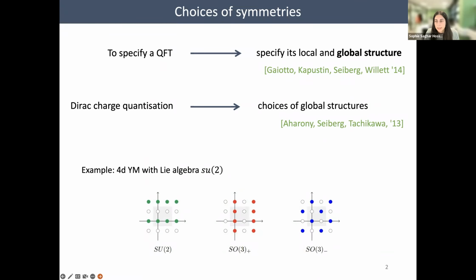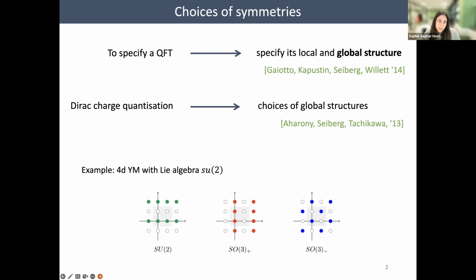And actually, there are quantum field theories which have the same local structure, yet different global structures. And this is because of the Dirac quantization condition. So these extended objects can be electrically or magnetically charged or dyonically charged, and then we cannot realize all of them in a given theory at the same time.